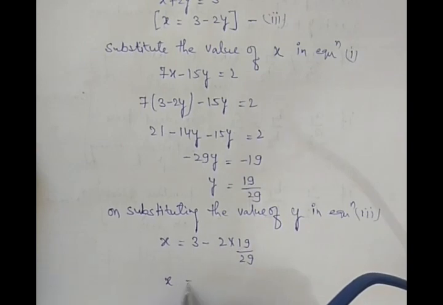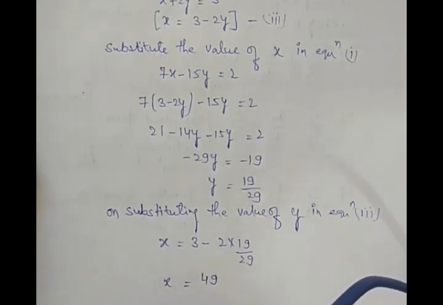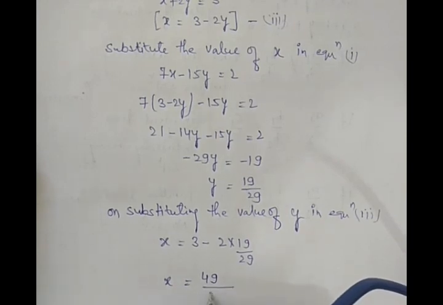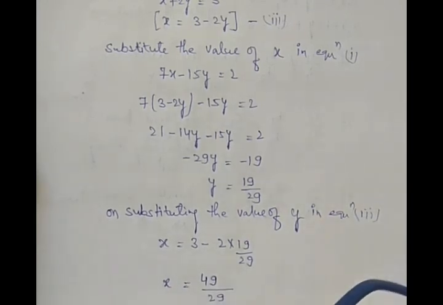On further simplification, this will give you 49 upon 29.